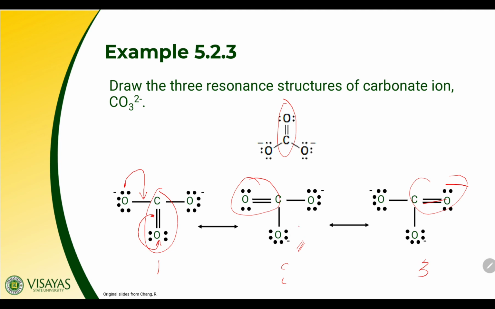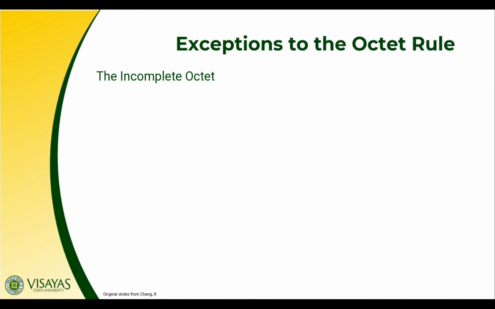Now, from this second structure to the third structure, this happens when a lone pair in this oxygen atom moves to become a double bond here, and one of the double bonds here moves to become a lone pair in the oxygen atom. Okay, so these are the three resonance structures for carbonate ion.